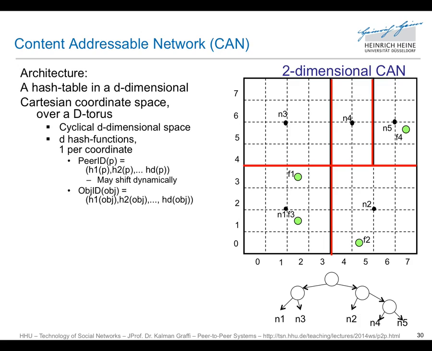Okay, so with CAN, what is new is that we have an n-dimensional, or d-dimensional, space. So we have d axes, dimensions, and the nodes allocate positions in these networks.